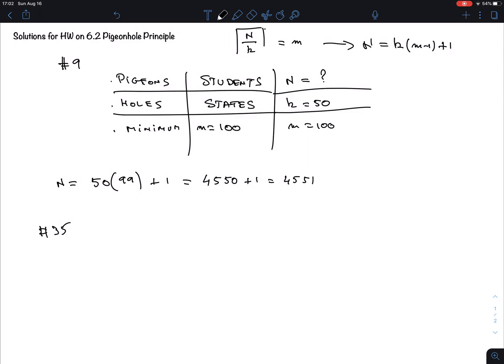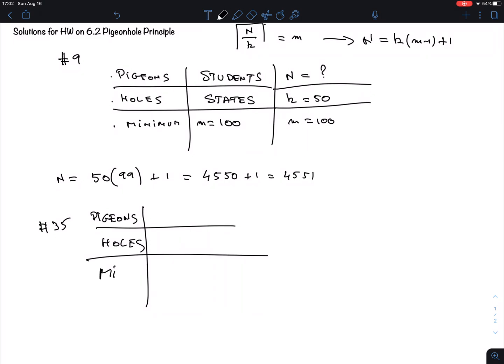Let's see. We ask again, what are the pigeons, what are the holes, and what is the minimum that we want? The pigeons are the courses, the classes.